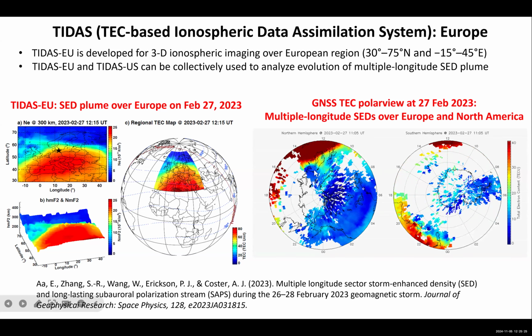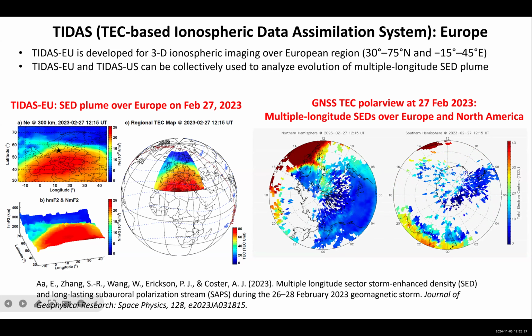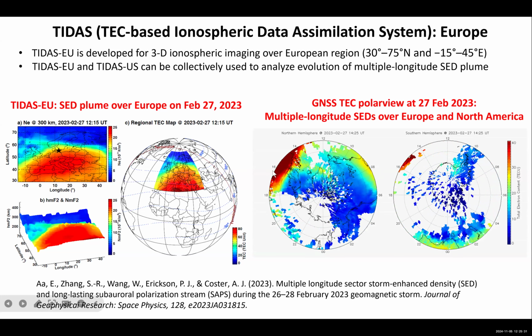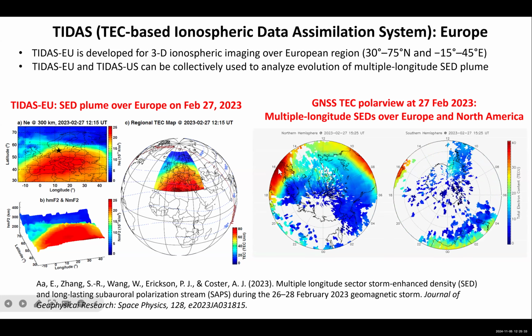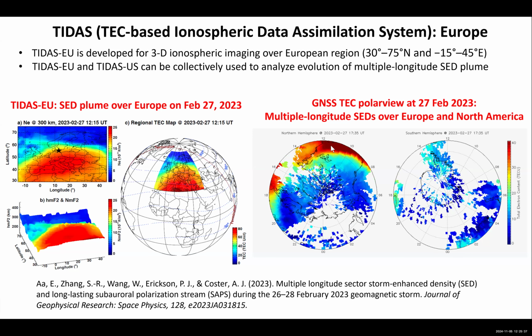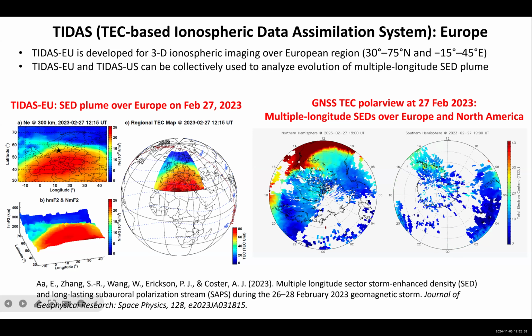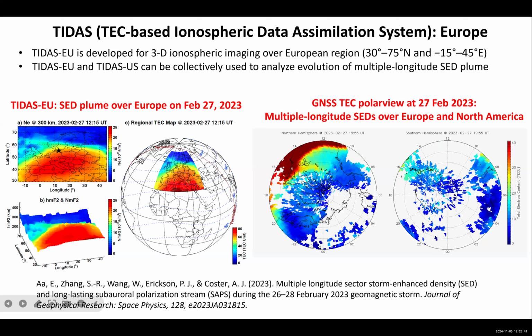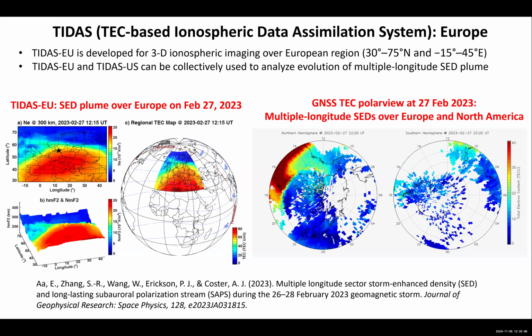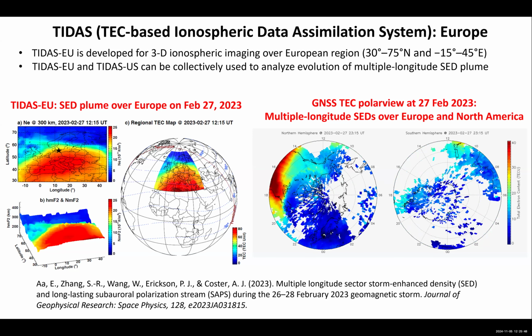This is the northern hemisphere. We can clearly see the evolution of the SED plume over the European sector, then it gradually subsided. And after the North American sector rotated to the local afternoon, the SED revived. So it is a multiple longitude phenomenon for SED during this storm event.